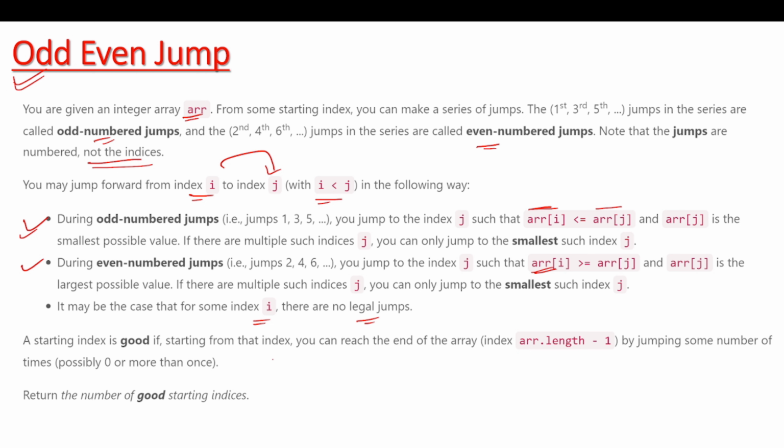A starting index is a good index if, starting from that index, you can reach the end of the array. It means if you are at index 0 and you can reach index n minus 1, that is a good index. We have to find the number of good indices, the number of times we can make jumps to reach the last index.